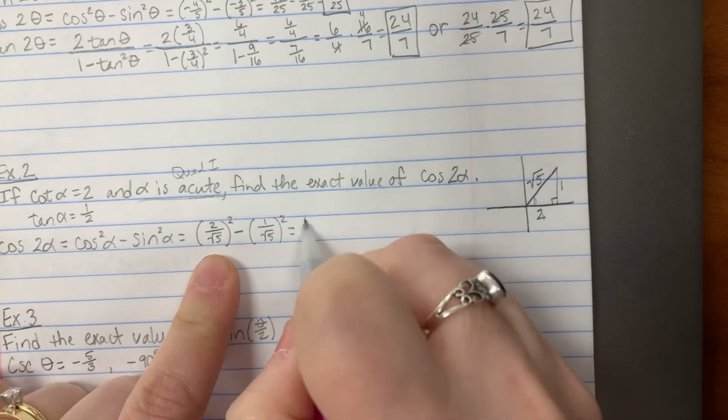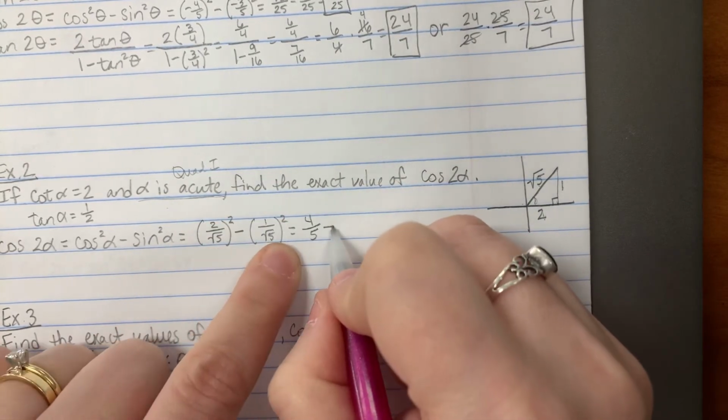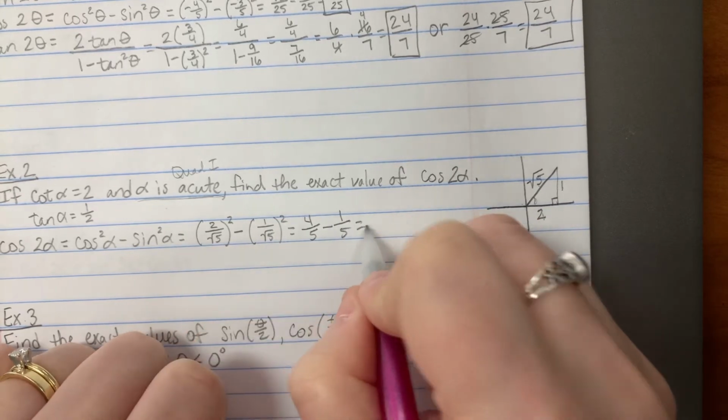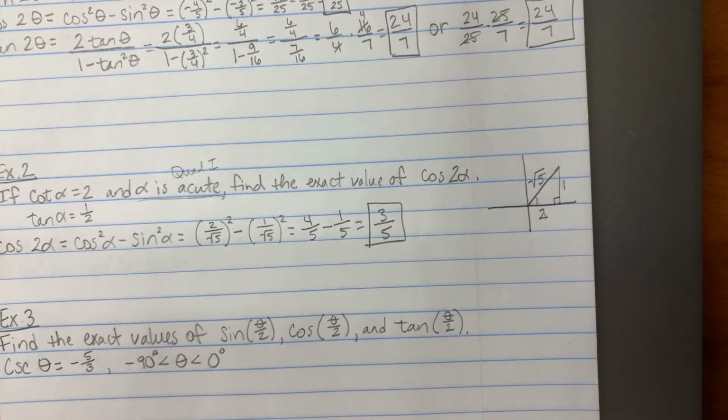So that would give me 4/5 if I square the top, square the bottom, minus 1/5. So 3/5 is my answer on that one.